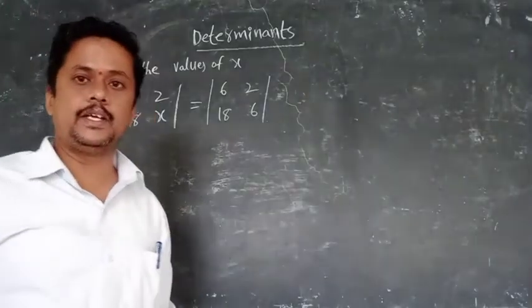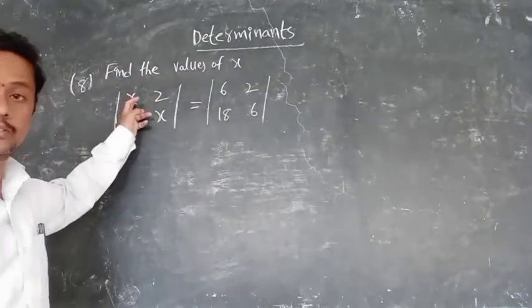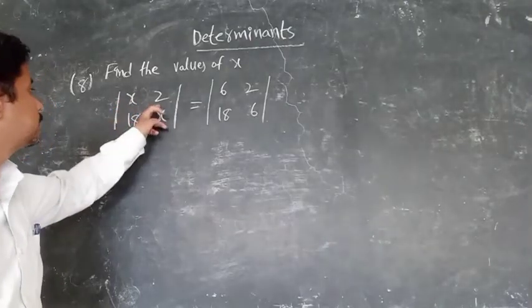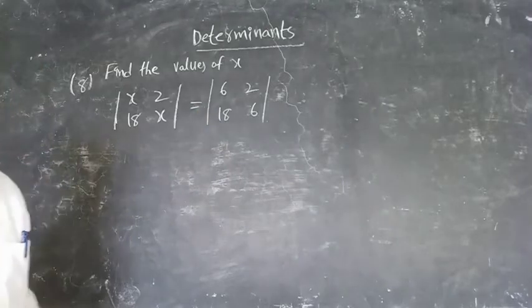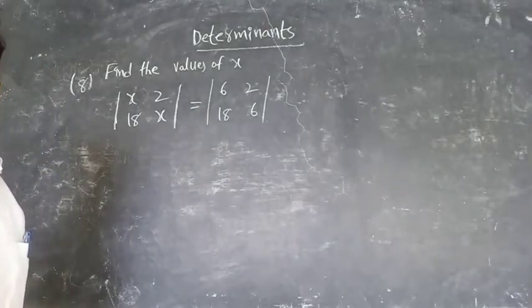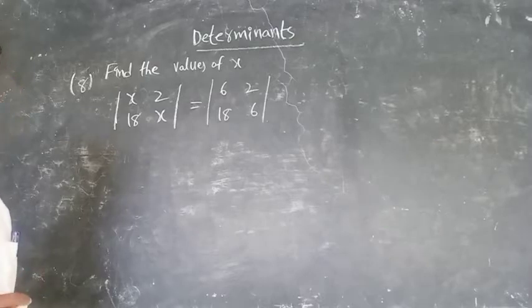See, next problem. What is the next problem? The determinant of x, 18, 2, x is equal to the determinant of 6, 18, 2, 6. How to calculate the x value? First you have to calculate the determinant value.